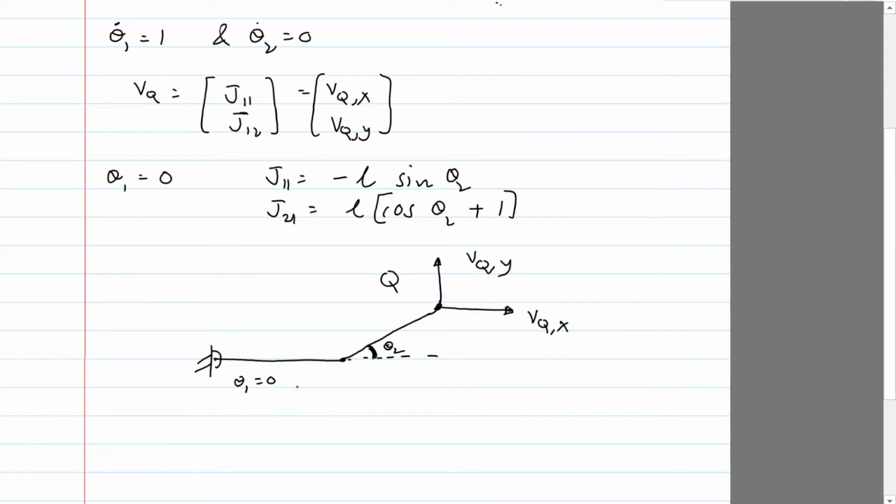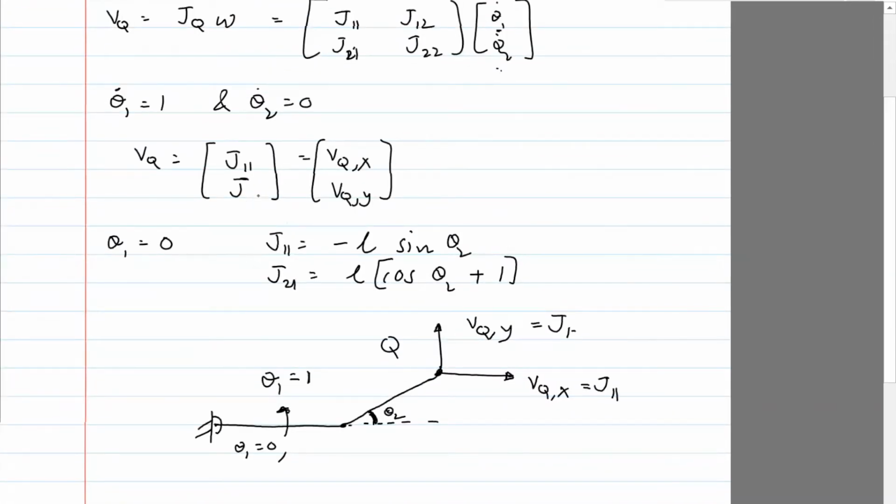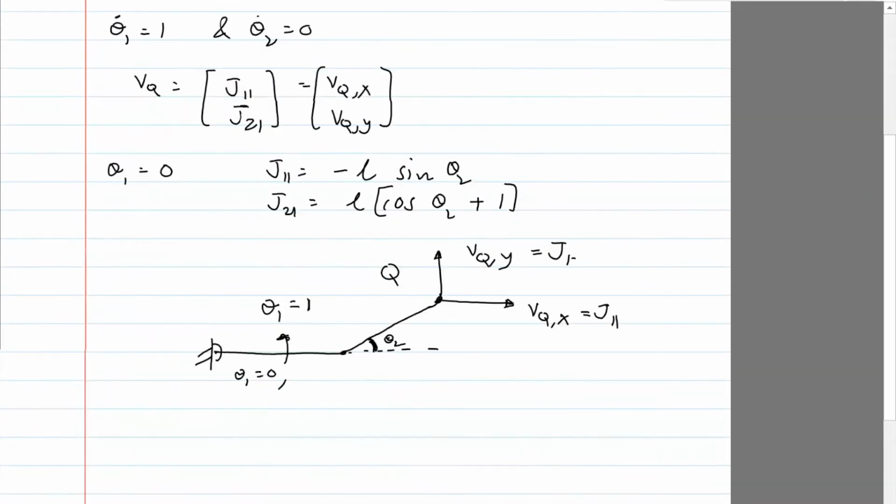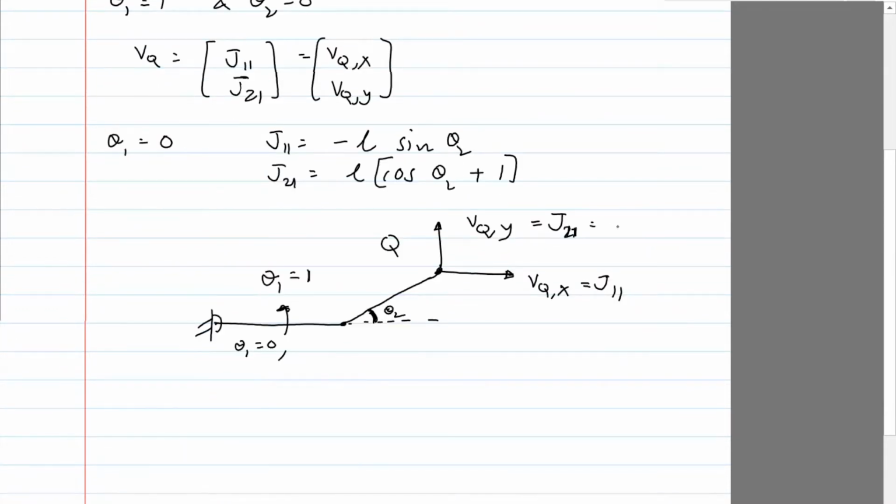And so if theta 1 dot, which is the angular velocity of link 1, is 1 unit, then VQx is J11, VQy is J21. I made a mistake, I think this should be J21, is that right? The formula is right. Sorry, I switched it. J21 is 1 plus cosine theta 2 times L, and then J11 is minus L sine theta 2.